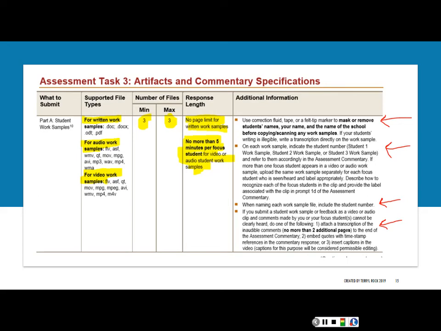I think the best one is to embed quotes where you need them into the commentary response. As you're writing and wanting to quote what the student said, you just put it right there. That way the scorer doesn't have to go back and forth looking from one thing to another. It's just right there in front of her.